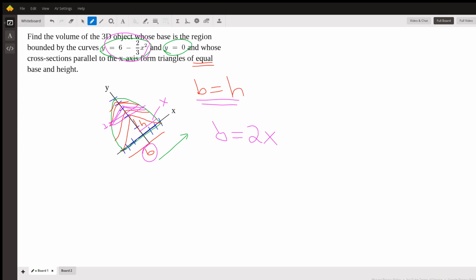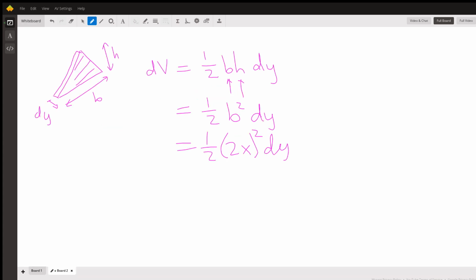And so I can solve the equation of this parabola for x in terms of y, and I'll let you work out that step on your own. What you'll discover is that this x variable is actually equal to the square root of 9 minus 3/2 times y. So that's coming from the equation for the parabola.